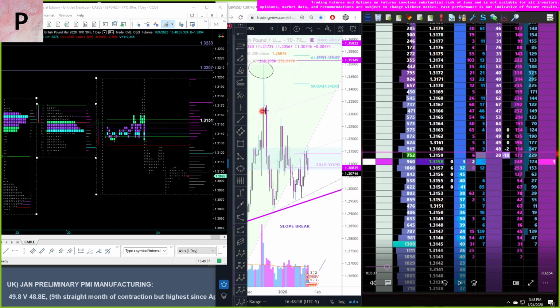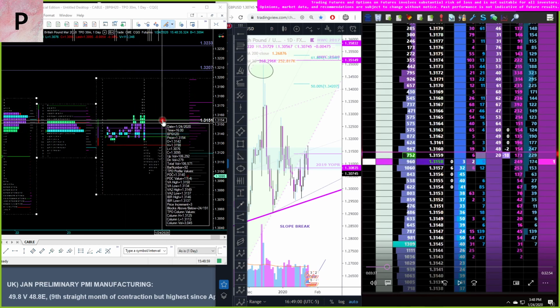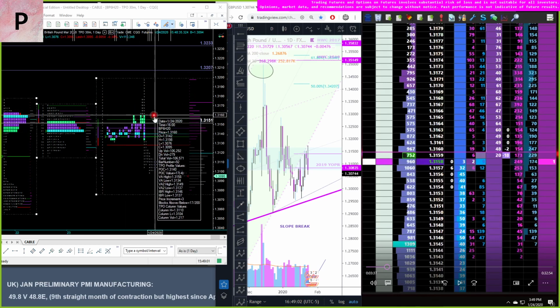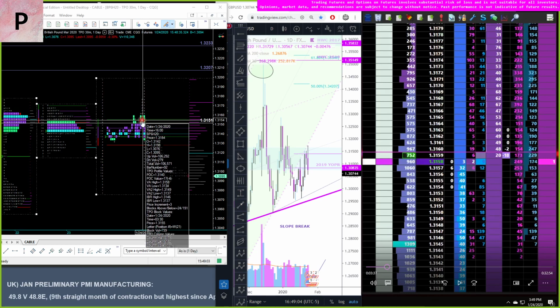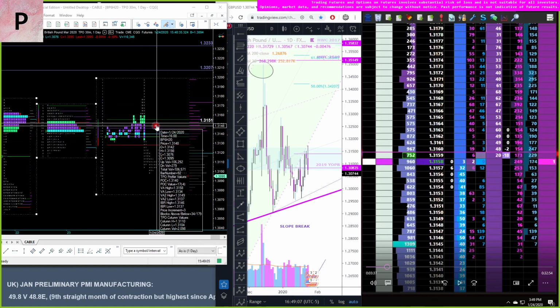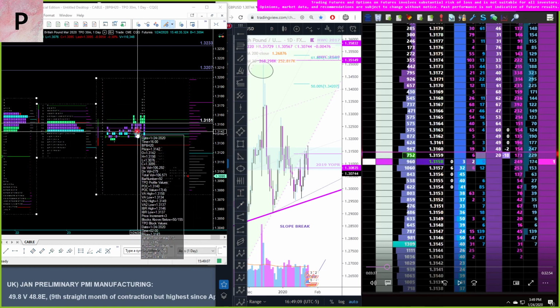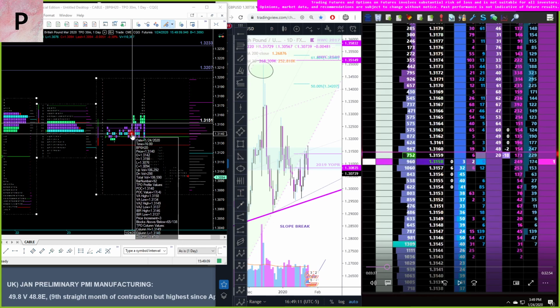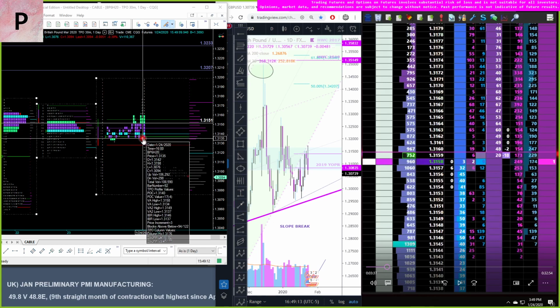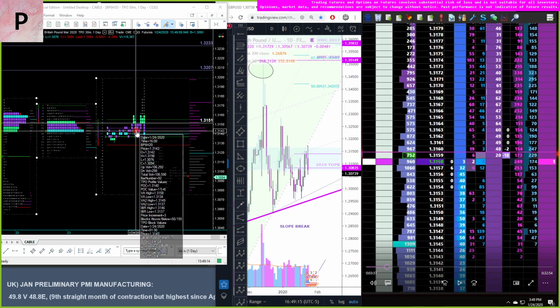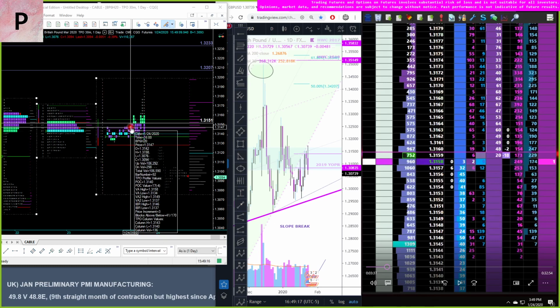So for a nighttime trader, this is a good asset class to consider. If you would like to trade futures in the morning and you don't want to trade the Forex pairs, you can trade the Forex futures. So in this particular instance, we're going to look at the pound futures.